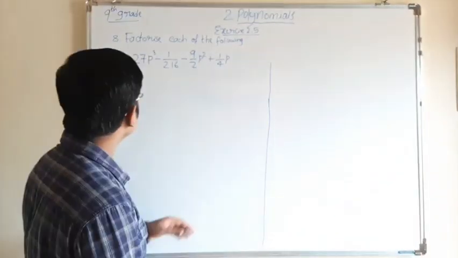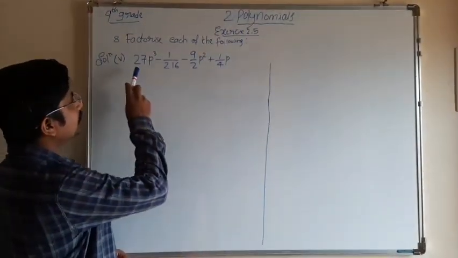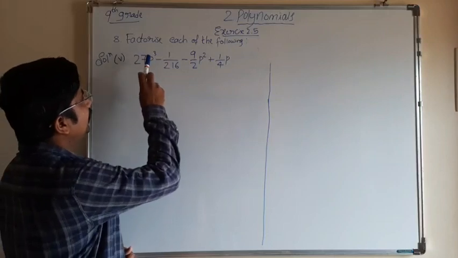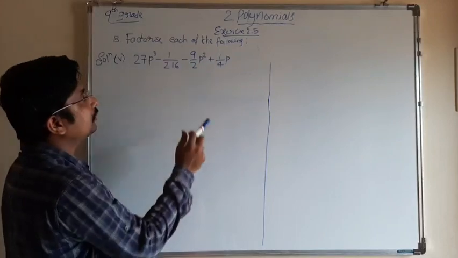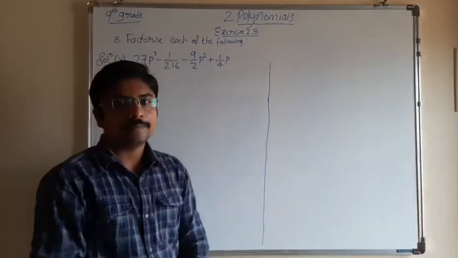Which is the fifth one. We have to factorize the given expression, that is 27p cube minus 1 by 216 minus 9 by 2 p square plus 1 by 4 p.